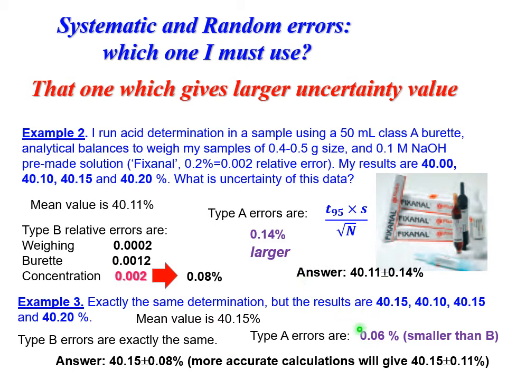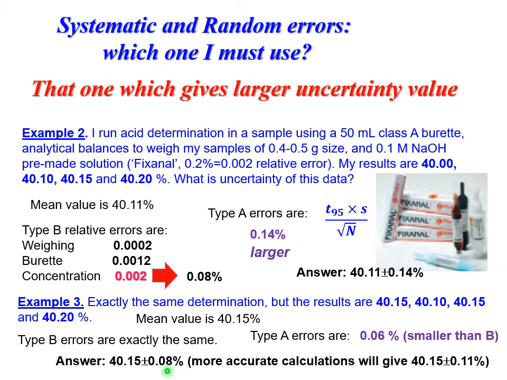But type A errors in this particular case are much smaller, 0.06%. They are smaller than type B errors. I cannot use this number as my uncertainty estimate. I need to put type B estimate instead, which is larger number.